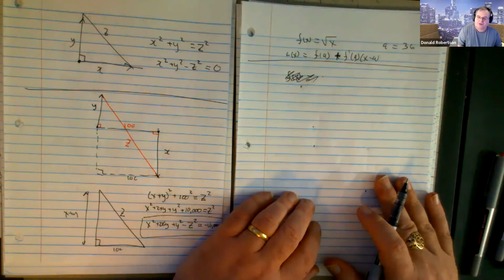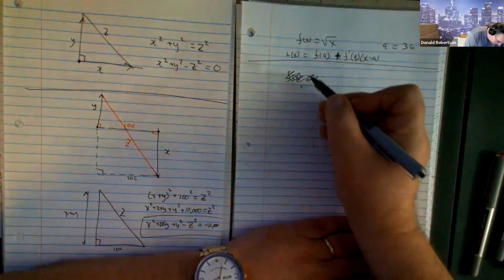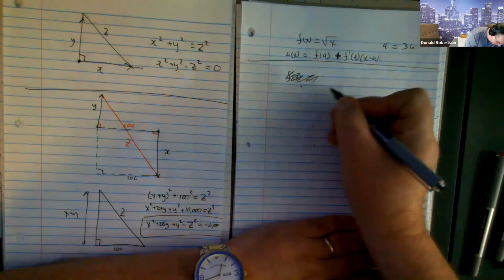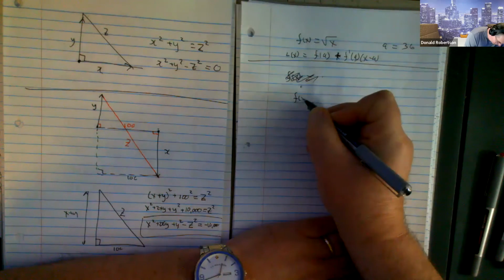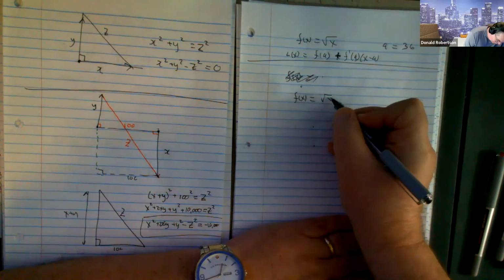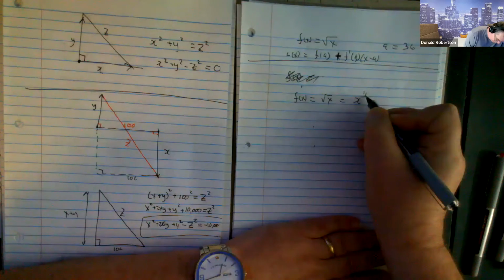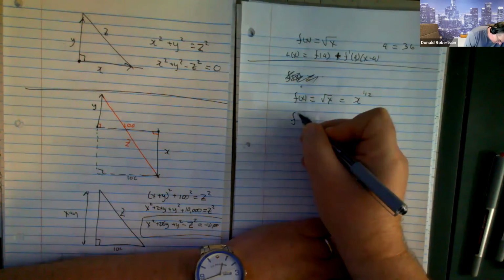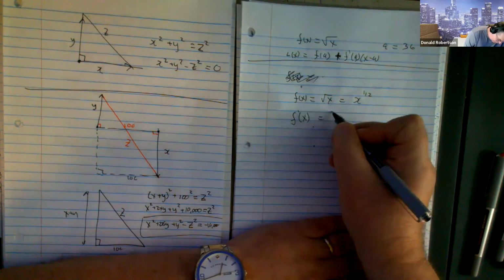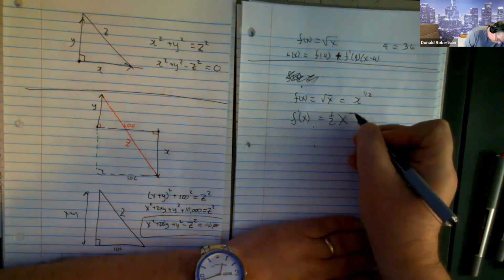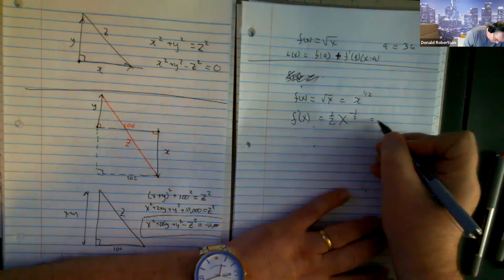Since this one is set up, why don't we do this as our last one? How do you find the linear approximation function? Well, essentially you take your function, which is f of x, you rewrite it as a fractional power because you need to differentiate it. The derivative then is multiply by the power, reduce it by 1.